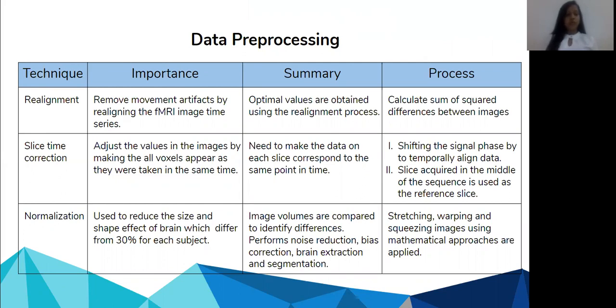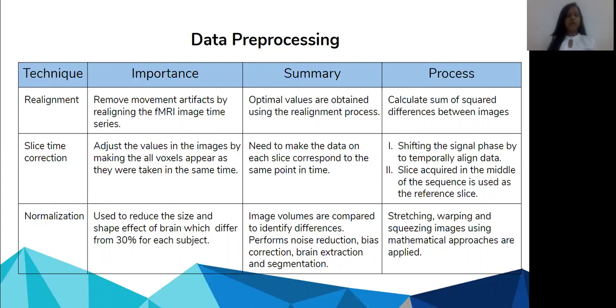As I explained earlier, for data preprocessing, we have mainly used four main techniques. The first one is realignment. There we have calculated sum of square difference between images to remove movement artifacts by realigning the fMRI image time series. In the slice time correction, we have shifted the signal to be temporally aligned with the slice acquired in the middle of the sequence.